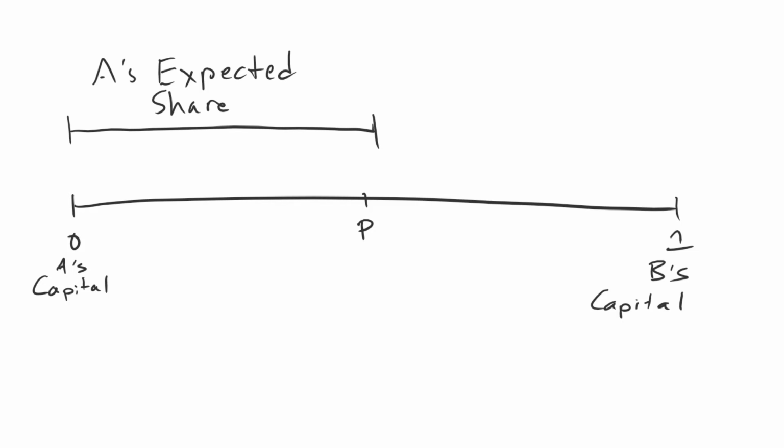Of course, if they fight, it won't ever actually get that amount. It'll either get 0 or it'll get 1. But in expectation, because it's only winning with probability P, the value that it's getting is that interval. Of course, B's expectation is everything to the right of that.